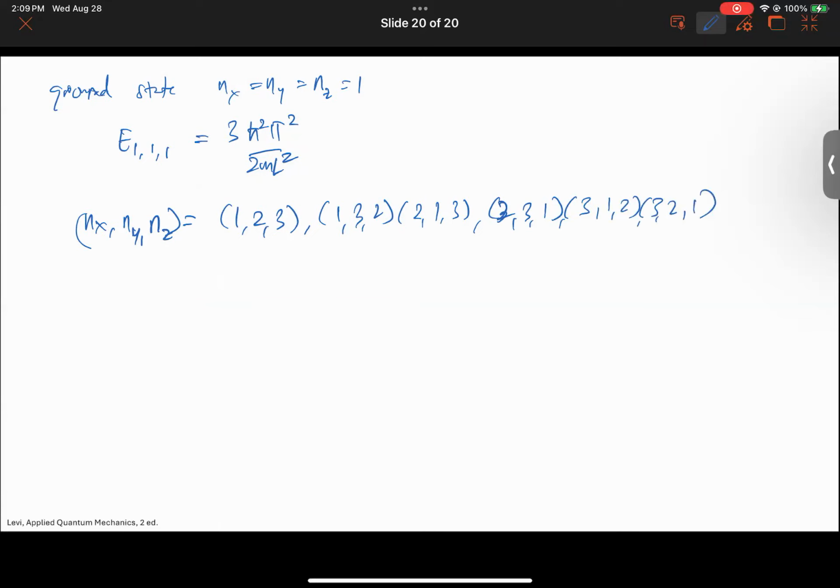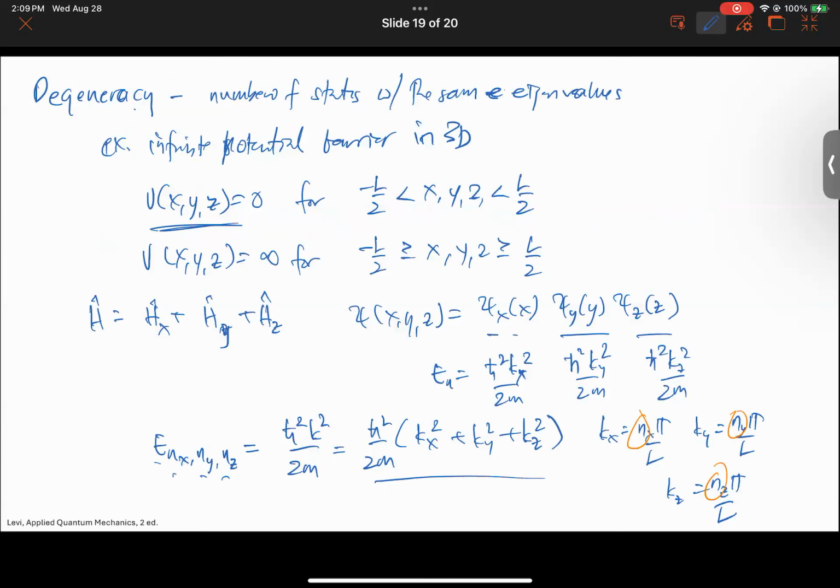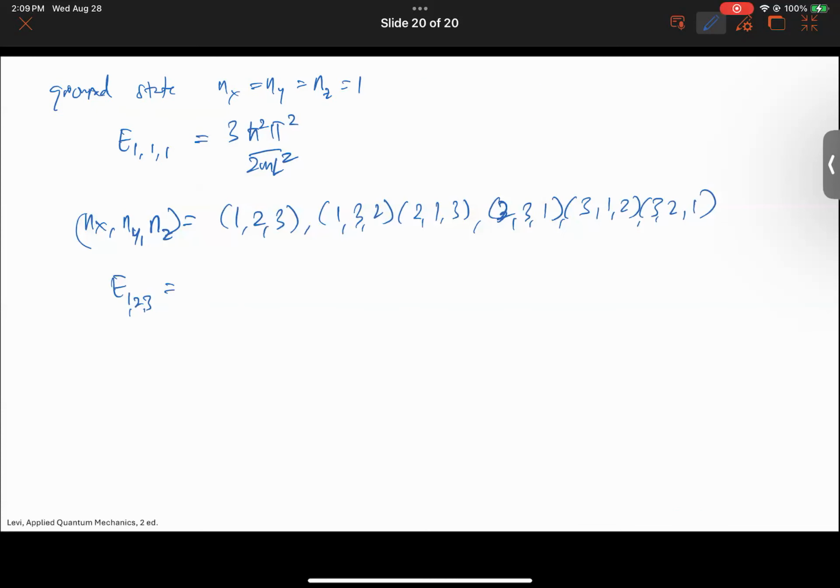Whatever I put there, right? So, for example, E123: 1 squared plus 2 squared plus 3 squared. That's 1, 4, 9, which is 14. 14 h bar squared pi squared over 2 m L squared. And that's the case for any of these states. So that's 6 states, and they all have the same eigenvalue.